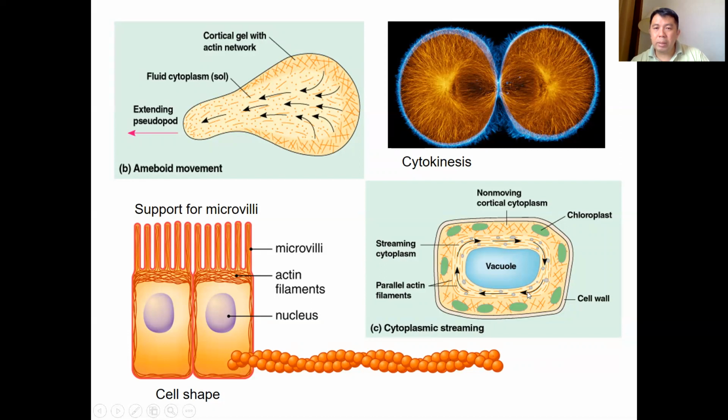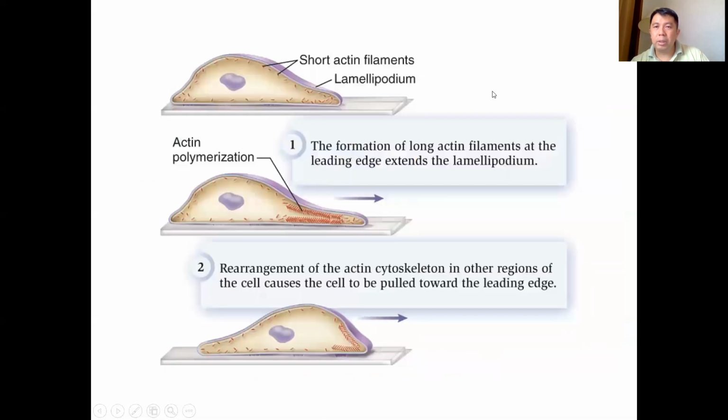Cytoplasmic streaming moves substances within the cell, and during cytokinesis they form a pinch in the cell. This is the amoeboid movement of a cell. With actin polymerization they move to this side, and after that they disassemble.